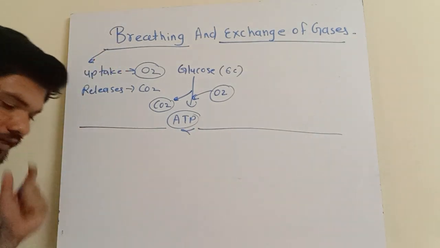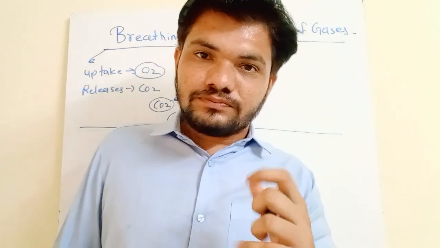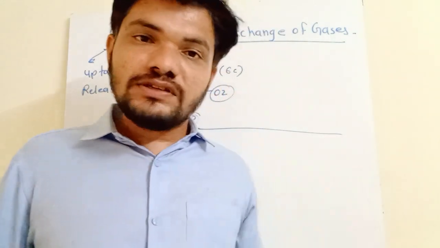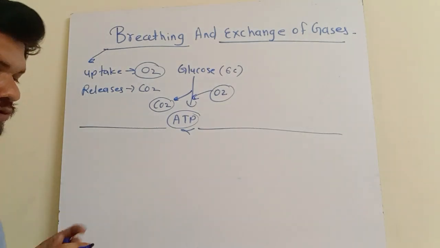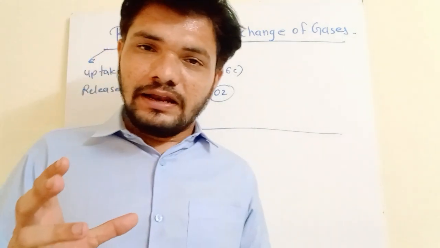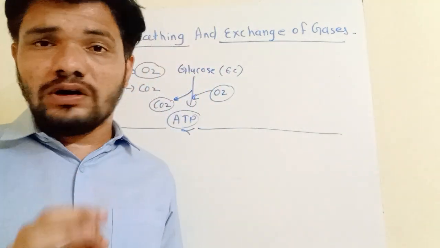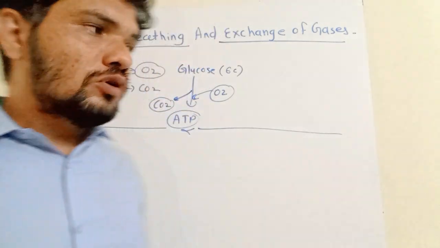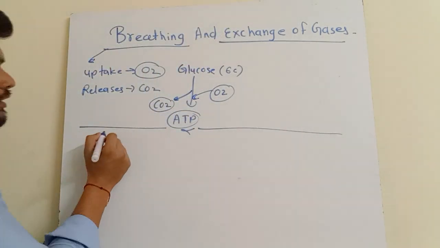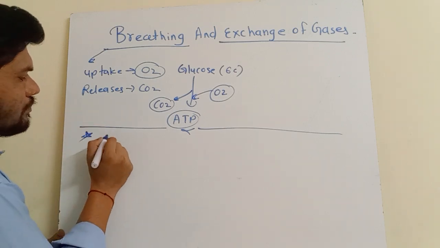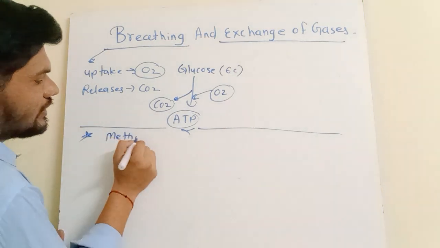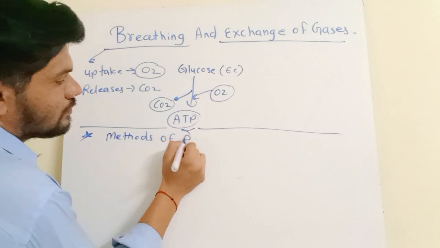Then we have to see that in different animals we see different types of respiration. Not every organism has lungs, guys. So in this topic we will learn about the methods of respiration in different animals.